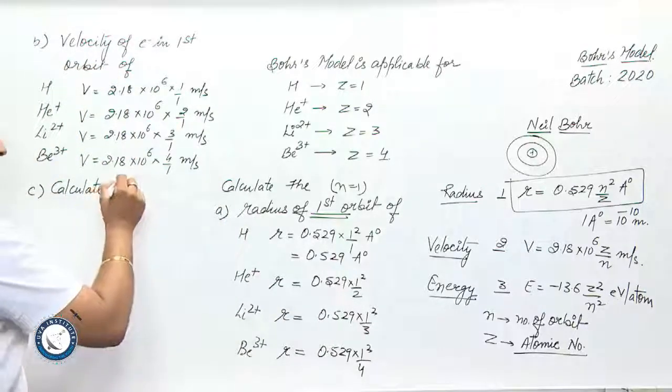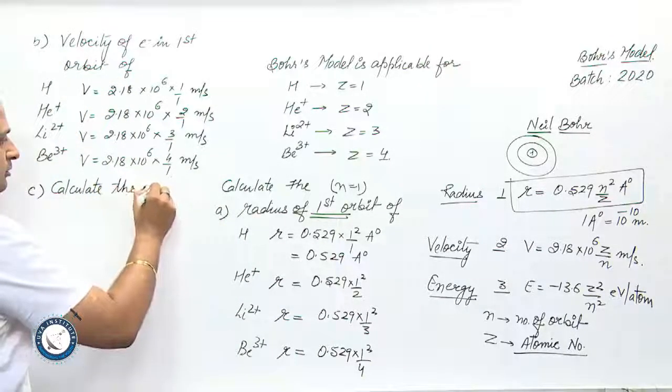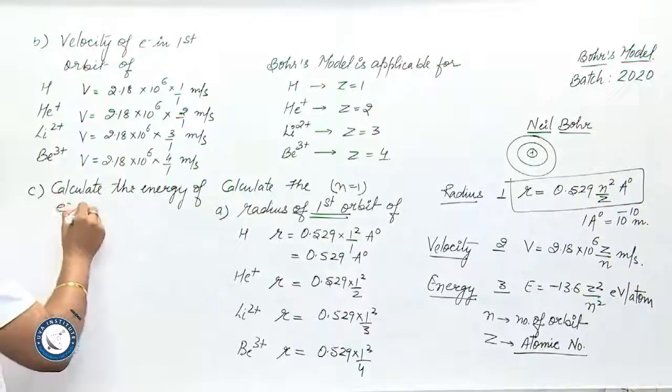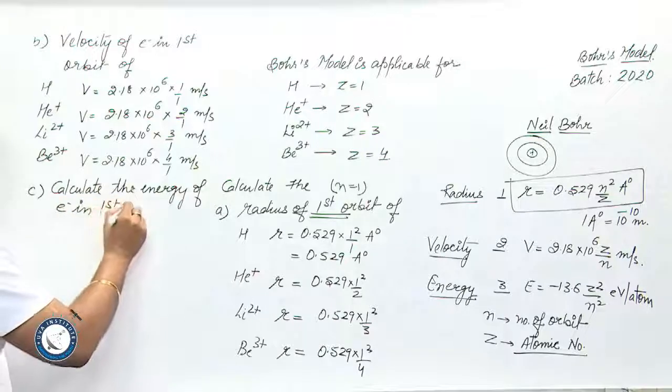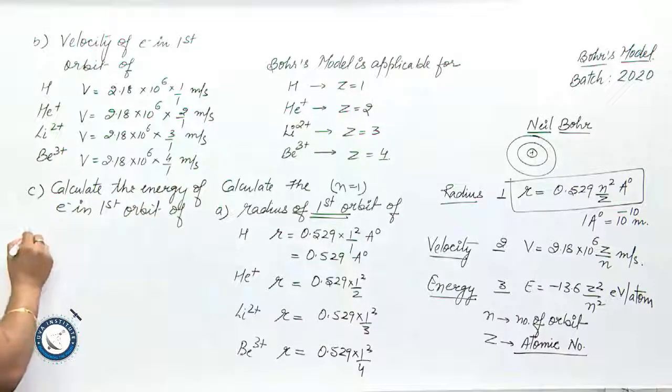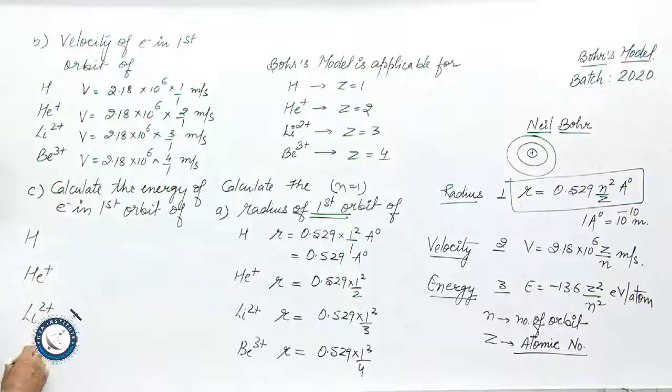So calculate the energy of electron in first orbit of hydrogen, helium, lithium, beryllium. Do the calculations.